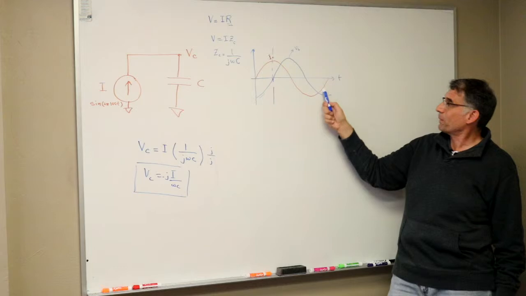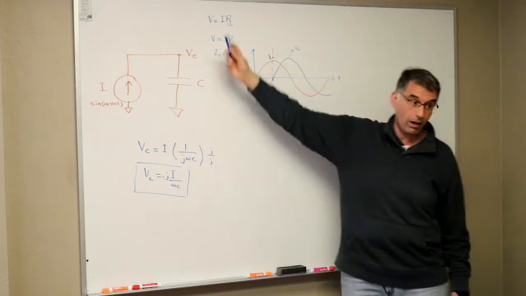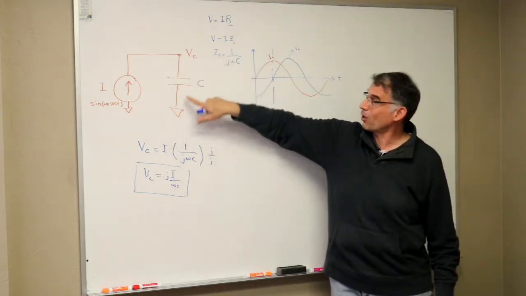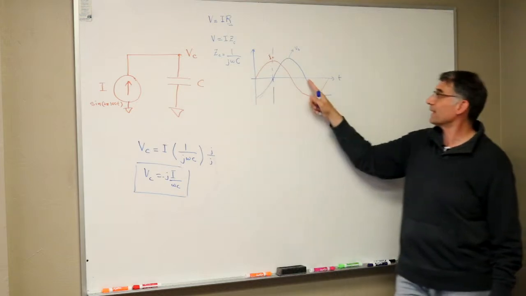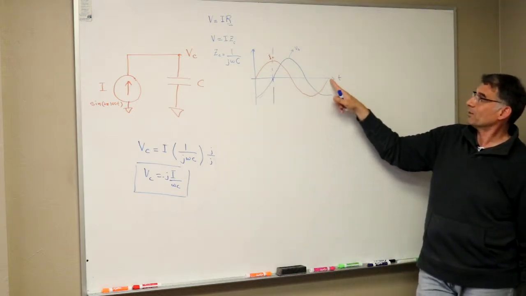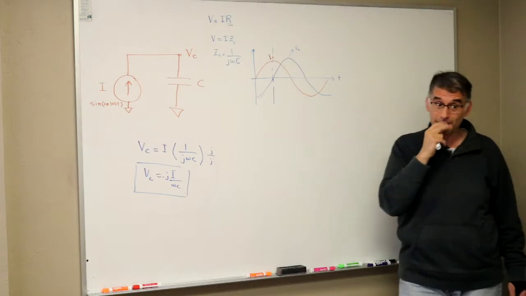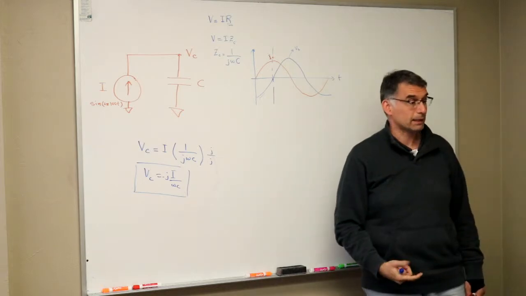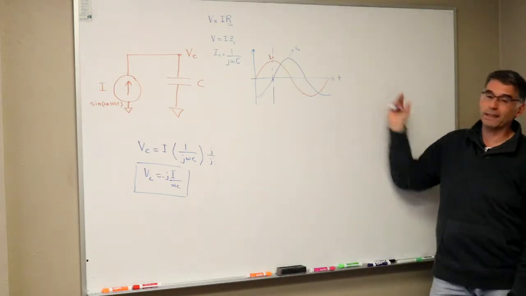Then it charges up the capacitor again the other way. Now the voltage is negative, and when the current reaches zero, that's when the charge on the capacitor is maximum negative, and it keeps repeating.